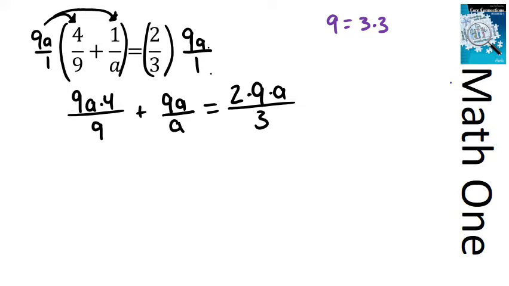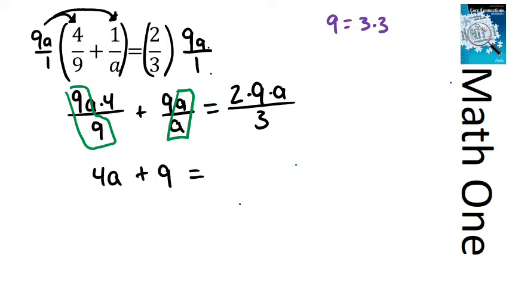If I go through and simplify these, my first term, 9A times 4 over 9, has a giant 1 of 9 over 9. So if I eliminate that, I'm left with just A times 4, or I would write that as 4A. On the next part, you can see there's a giant 1 in the form of an A over an A. If I eliminate that, I'm left with plus 9.